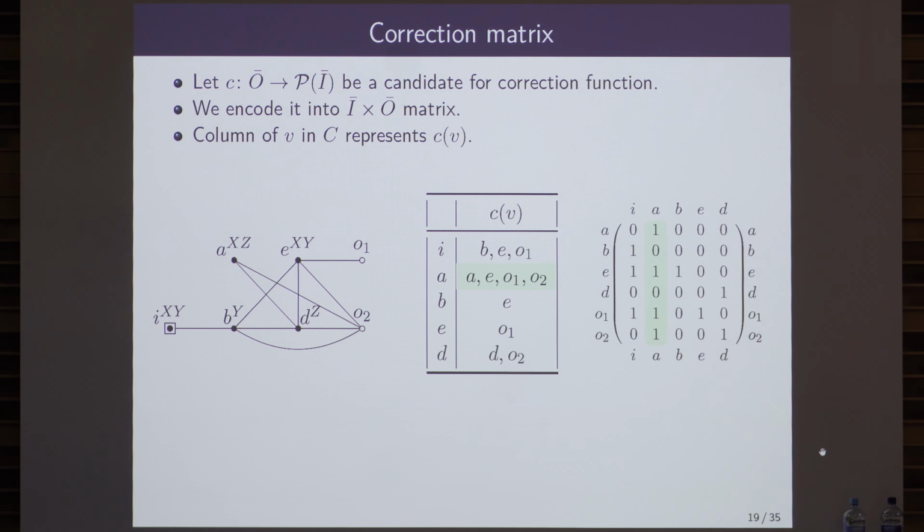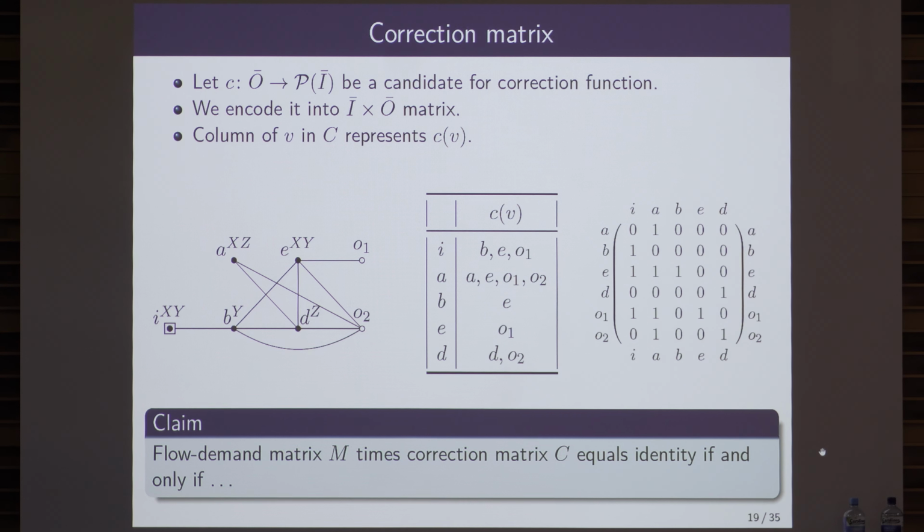And as it turns out, if we do that, we are able to say that a necessary condition for something to give rise to flow eventually will be that the product M, the flow demand matrix from the previous slide, times the correction matrix must necessarily equal identity.